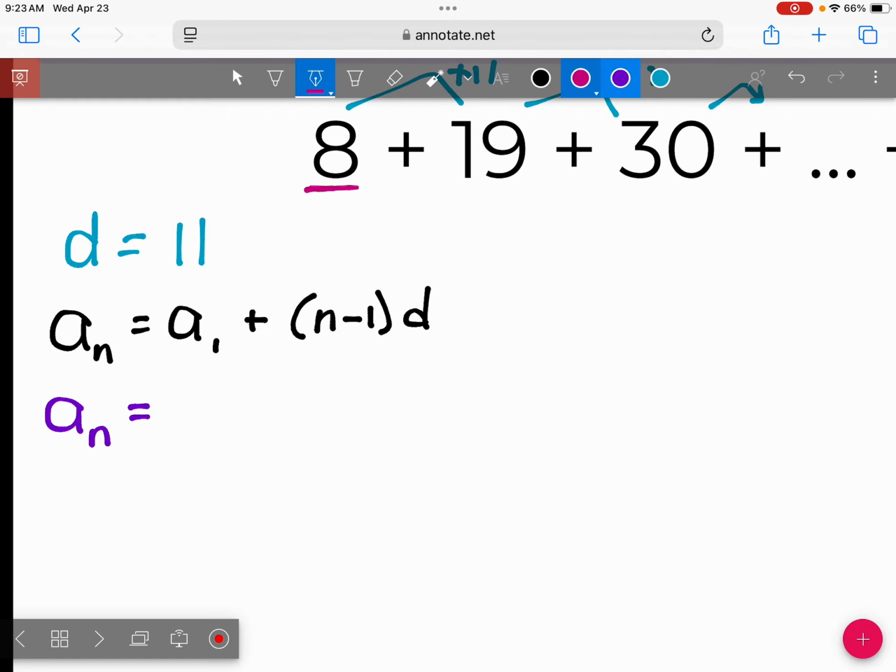It's this guy here. So we're going to have our 8, we're leaving the n as an n, minus 1, times our common difference of 11. Because we don't know what the n is here. We're trying to make our generic equation.